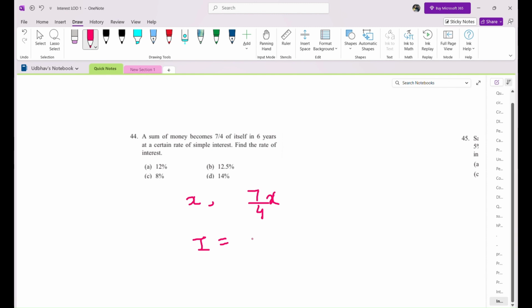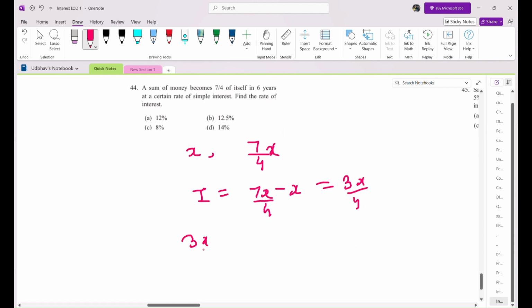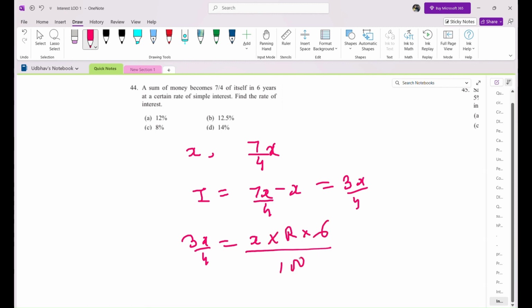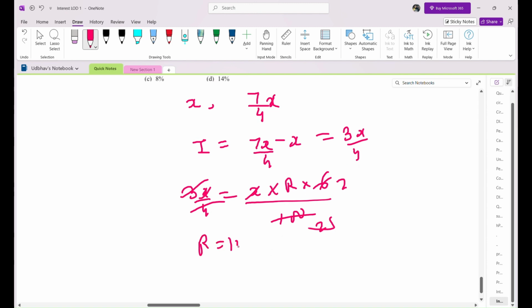So the interest is 7 upon 4x minus x, which is 3x upon 4. 3x upon 4 equals x into r into 6 upon 100, so r equals 12.5.